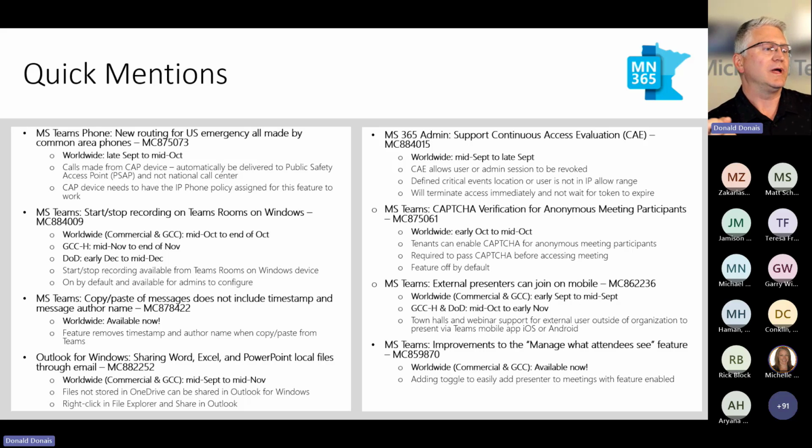Before, it went to the national call center, and now it's going to go to the public safety access point, which is directly connected to 911. So it's going to skip one of the jumps that it usually does, and it's going to make it a lot easier and quicker to get that 911 call through. Understand that those CAP devices need to have the IP phone policy applied to them so that it knows that it is a CAP device, right?